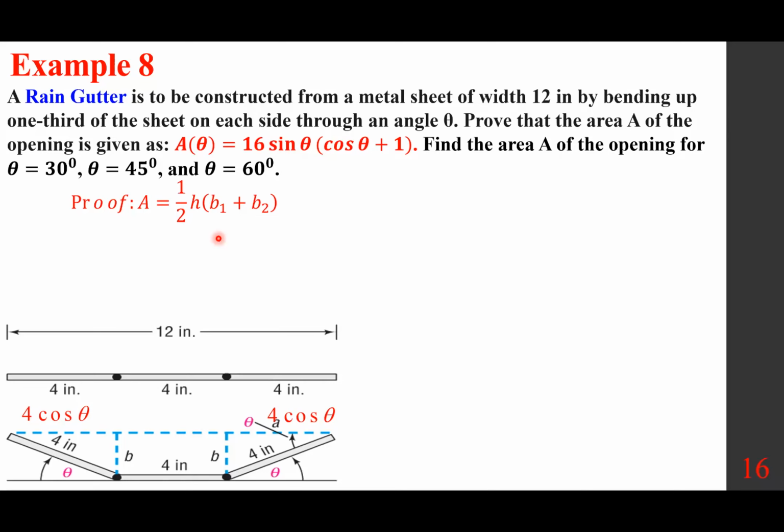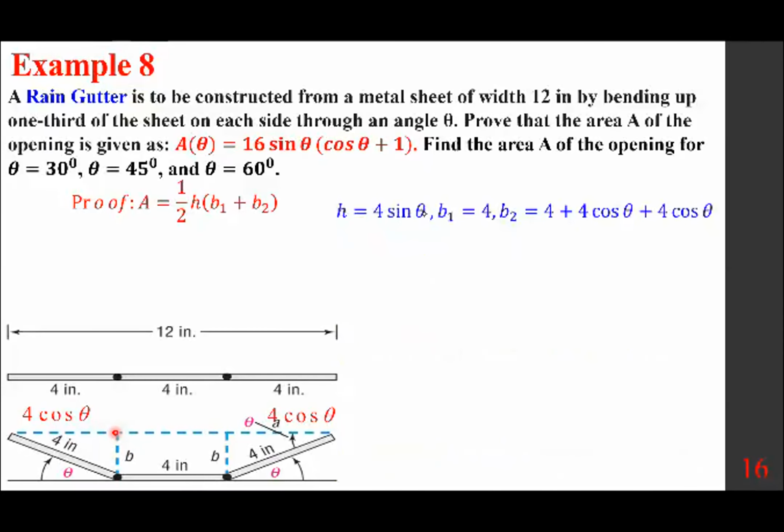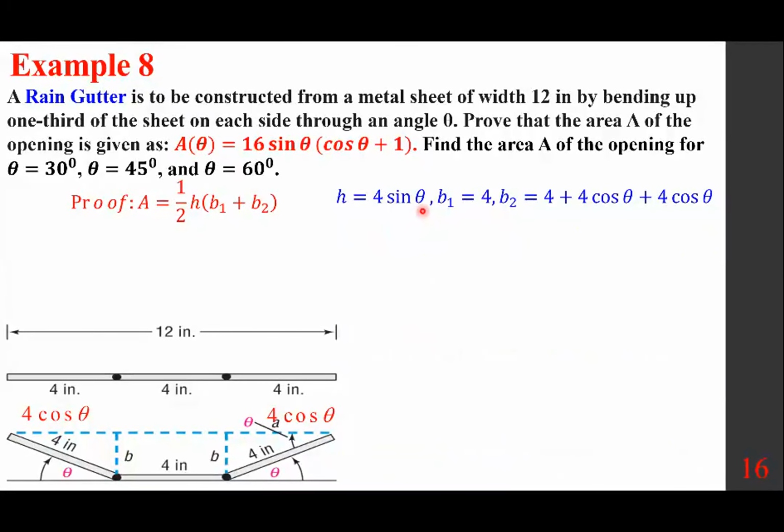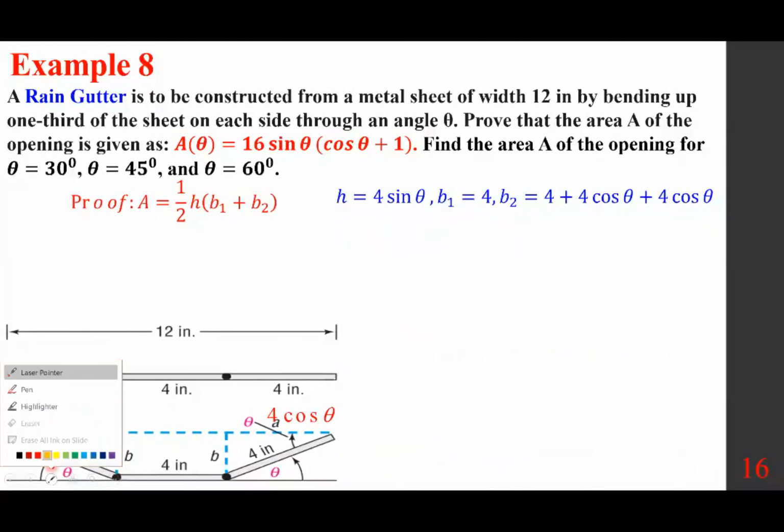Now, this was 4 cosine theta. What is this one? The height is 4 sine theta. So again, let me show this one here.